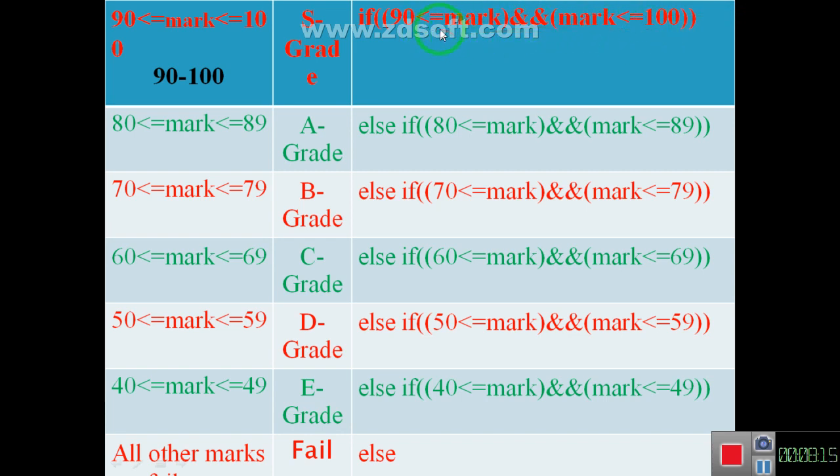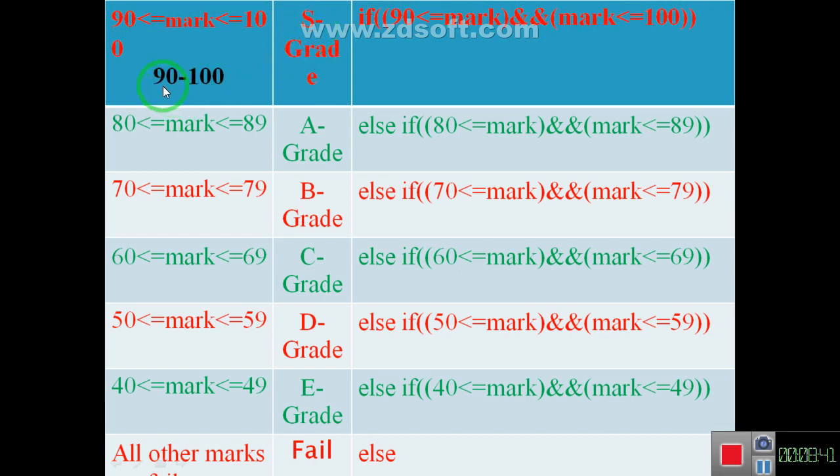If you want to say the mark for the S grade, the person who scored 90 or above, but we also need to say the person scored less than or equal to 100. That's why I wrote in black color, 90 to 100 marks belong to the S grade.